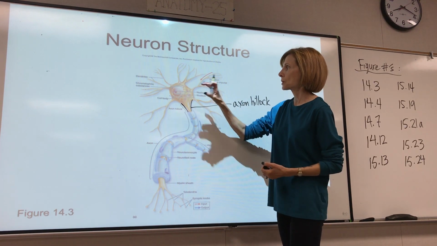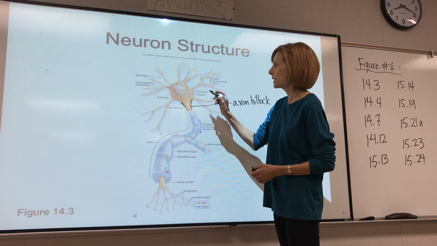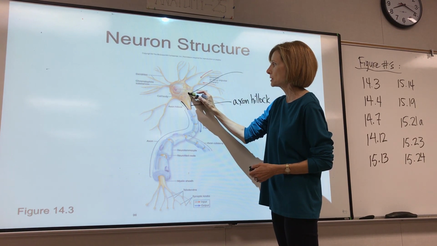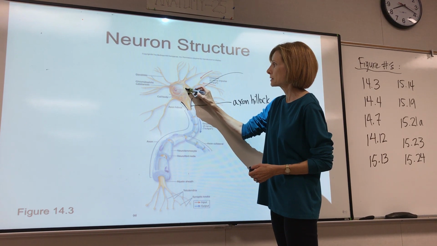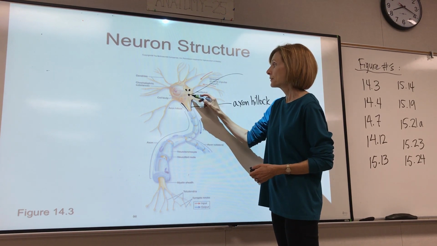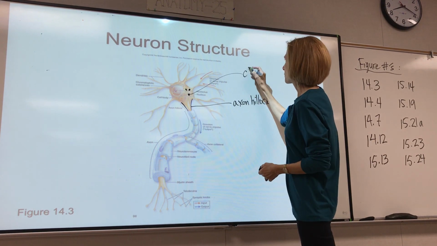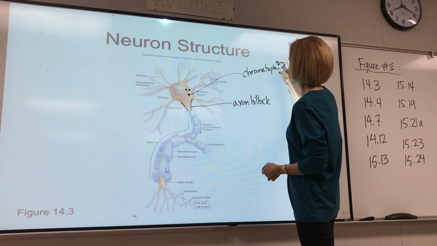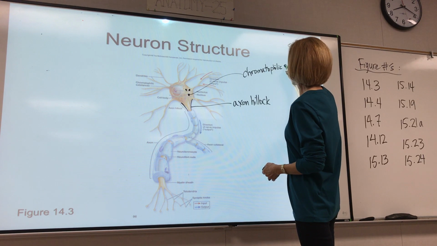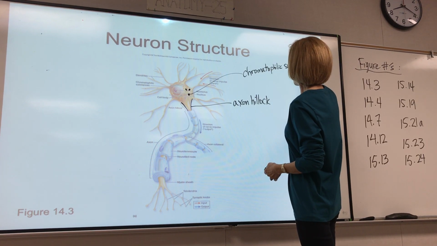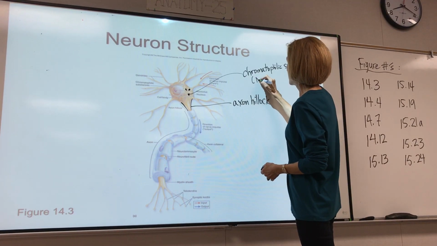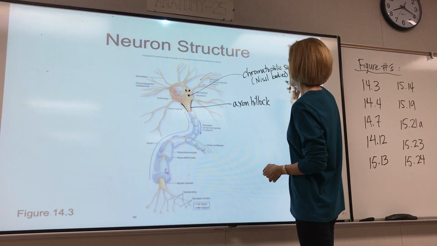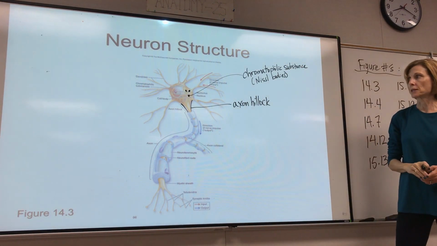So taking a look here at the cell body, notice you see a bunch of what look like little splotchy structures in the cytoplasm of the neuron. This is called the chromatophilic, which means color-loving substance. You can also call this the Nissl bodies, or Nissl substance, named after someone who studied the neuron.